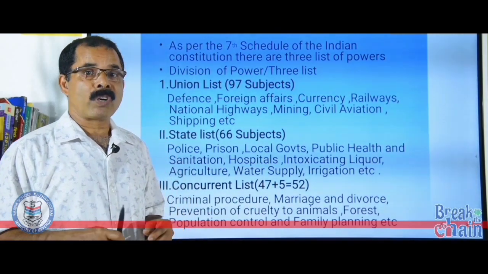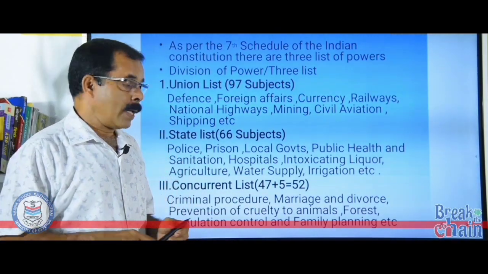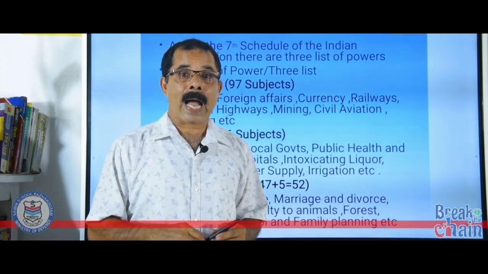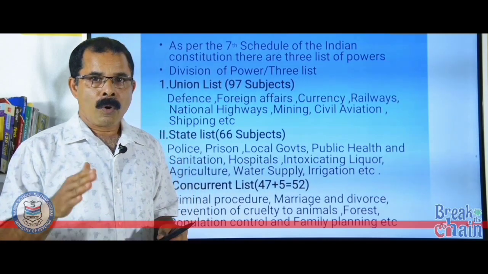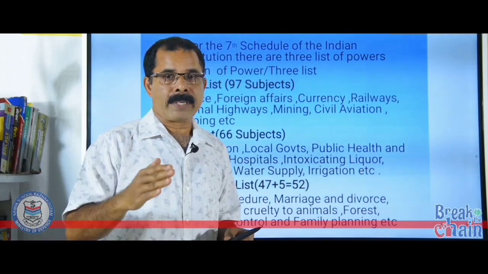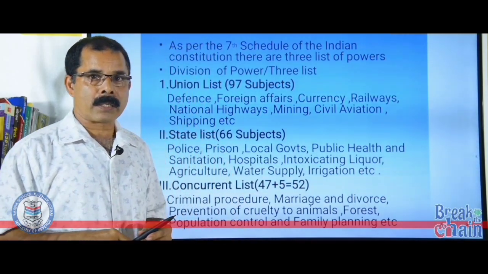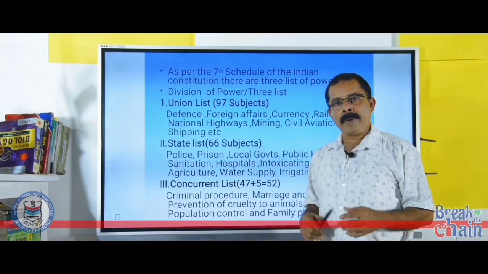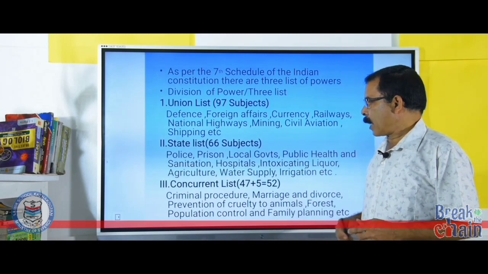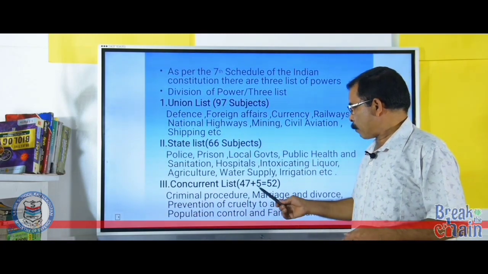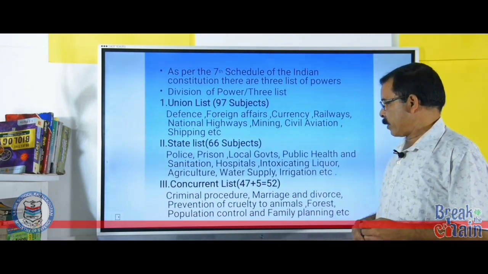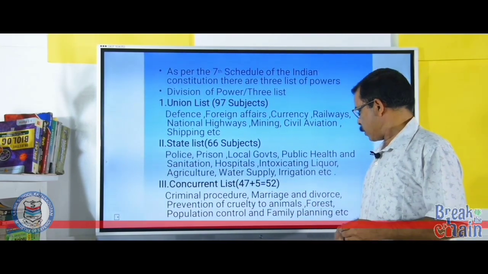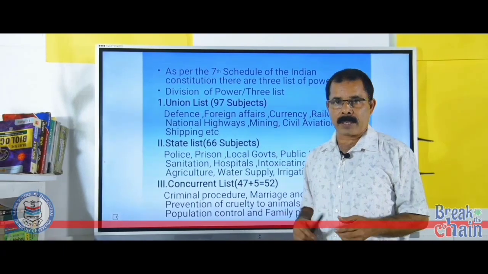Originally there were only 47, but in 1976, by the 42nd amendment of the constitution, 5 more subjects were added to the concurrent list. So now it has got 52 subjects. Some examples of concurrent list are criminal procedures, marriage and divorce, prevention of cruelty to animals, forest, family planning, etc.